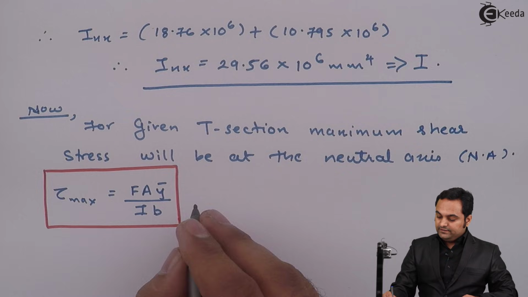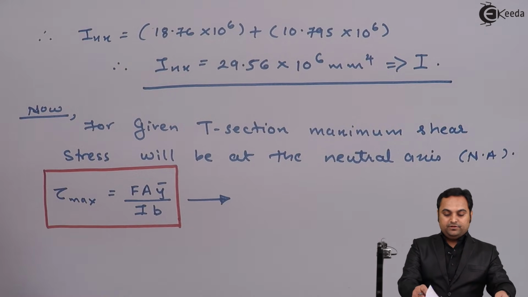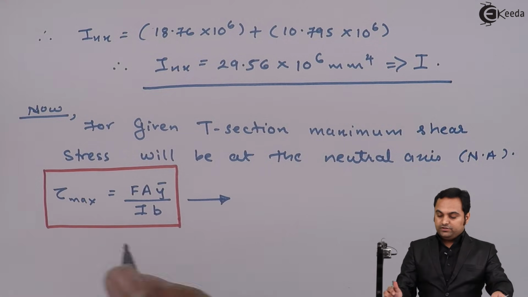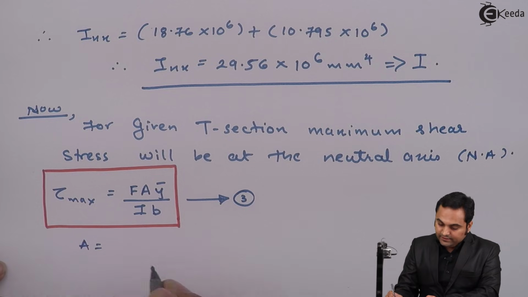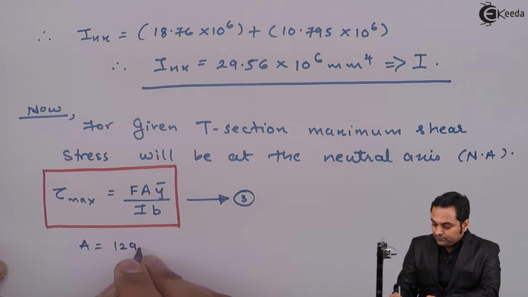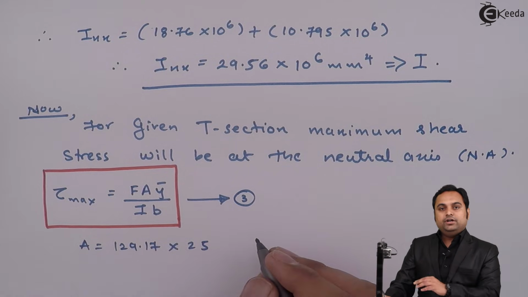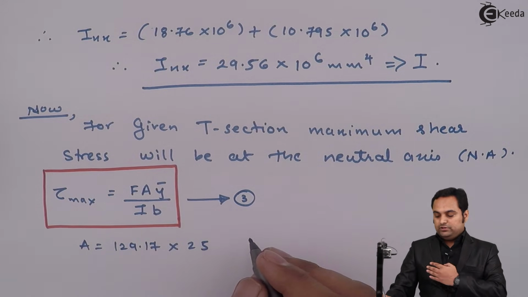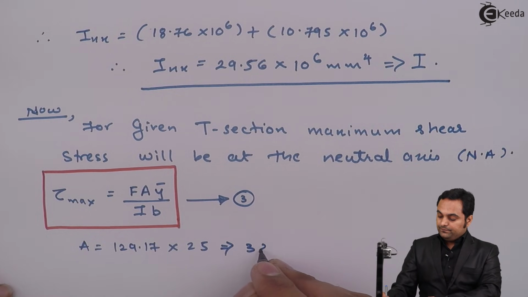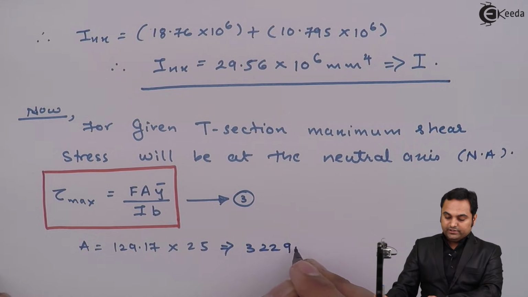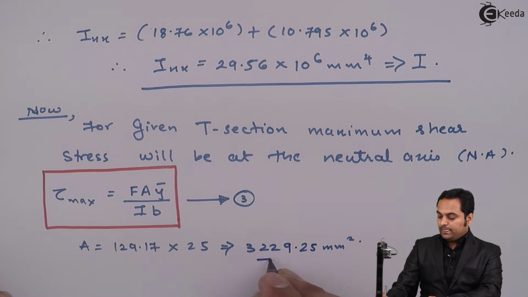Keeping this as equation number third, capital A is 129.17 into 25, that is the area of the web which is below the neutral axis, and that comes out to be 3229.25 mm square.